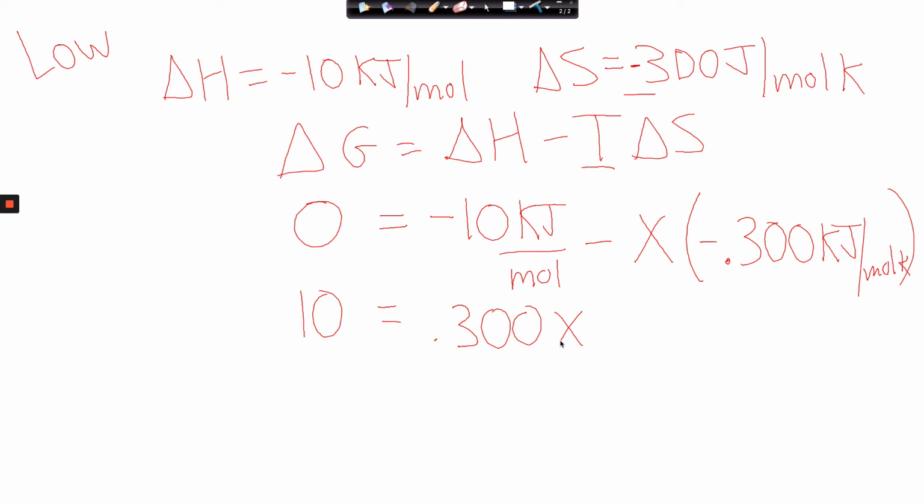And then, guys, solving for x, we get 10 divided by 0.3, which is 33.3 Kelvin. Yeah, but we're getting sloppy. We're okay. We got a number.